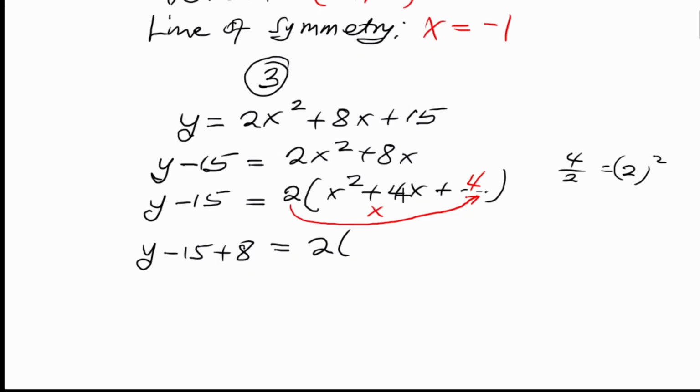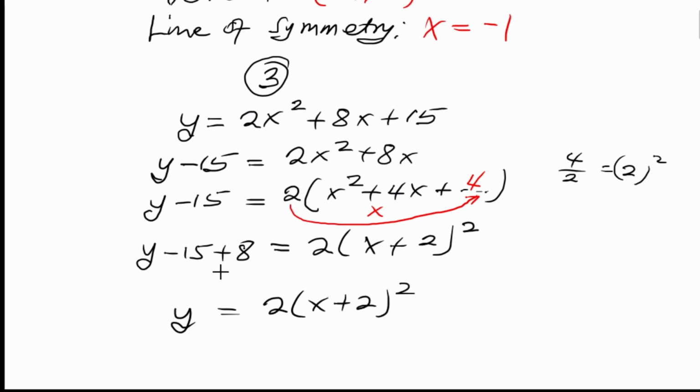You know this is a perfect square, so to factorize gives us x plus what is in the parentheses, so 2 all squared. And then now we simplify this and move it to the right hand side to give us our equation in the vertex form, and that becomes y equals 2 multiplying x plus 2 all squared.